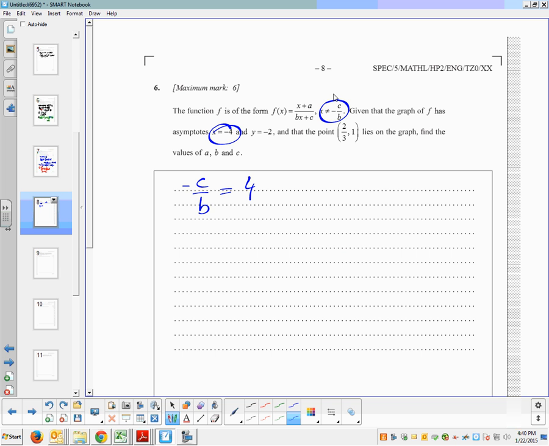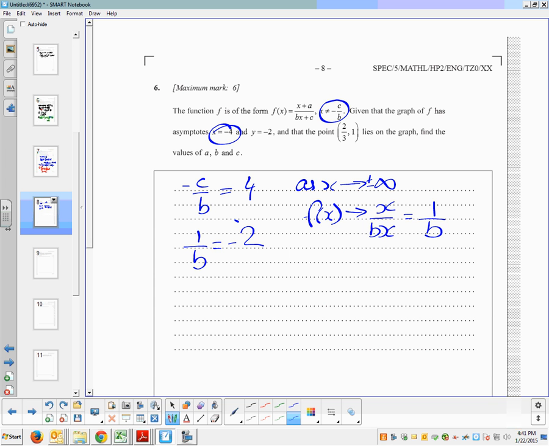To think about where you get your horizontal asymptote, you have to think about what happens as x gets very big, or very negatively big. f of x gets closer and closer to x over bx, or 1 over b. So therefore my other asymptote must be given by 1 over b equals -2.